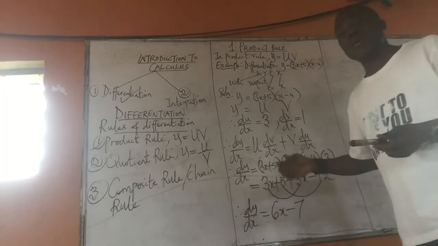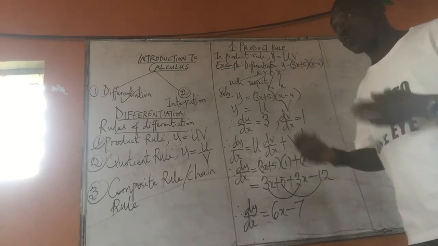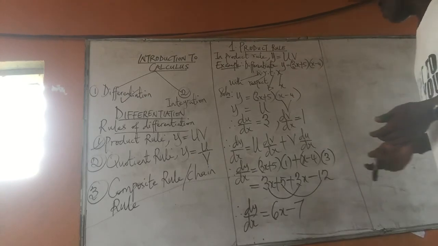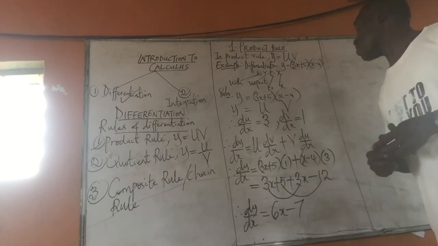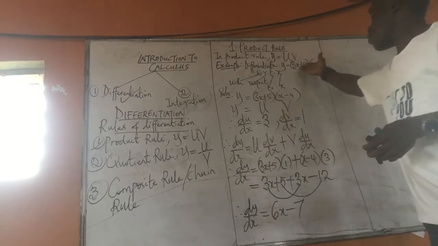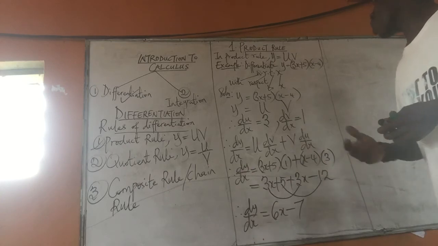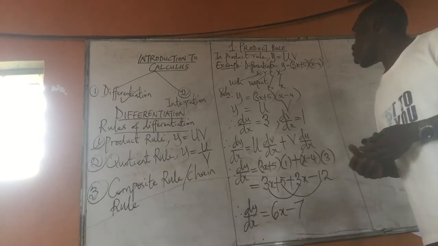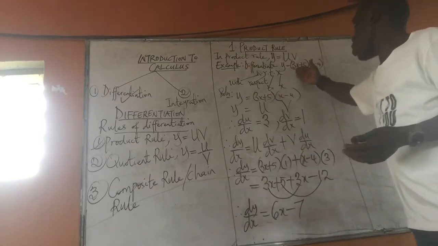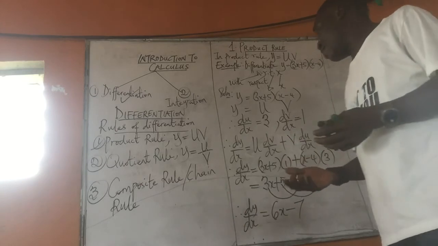Now, aside us making use of this formula to solve, there is also a short method we can use to solve that. That means probably in my next lecture I am going to show that. All we have to do in that process is just to expand, remove the bracket from the question they have given to us, by multiplying what you have here by this and this by this, then you differentiate next.